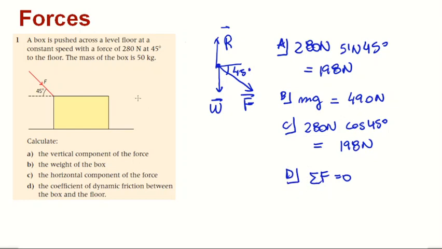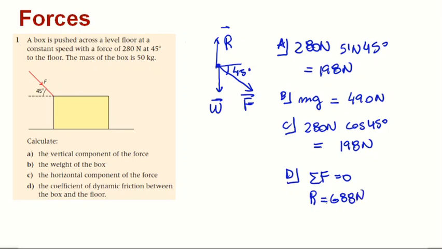If we look at our vertical forces, since the box is not going inside the floor, the reaction force will have to be equal to the weight plus the vertical component of this force. So I will actually have to add those two forces. My reaction force is 688 newtons, pointing upwards.